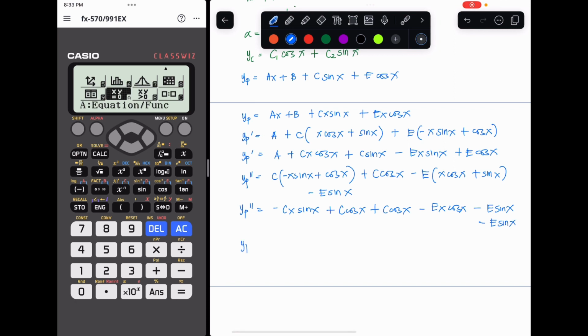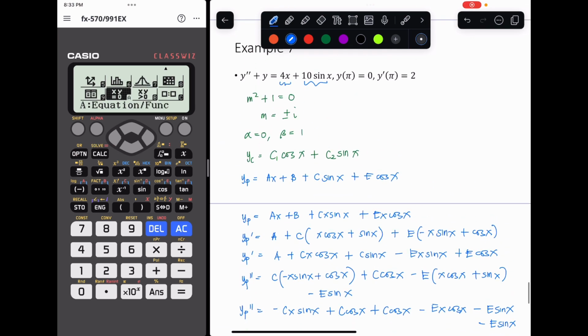So finally, yp double prime is negative cx sine x plus 2c cosine x minus ex cosine x minus 2e sine x.